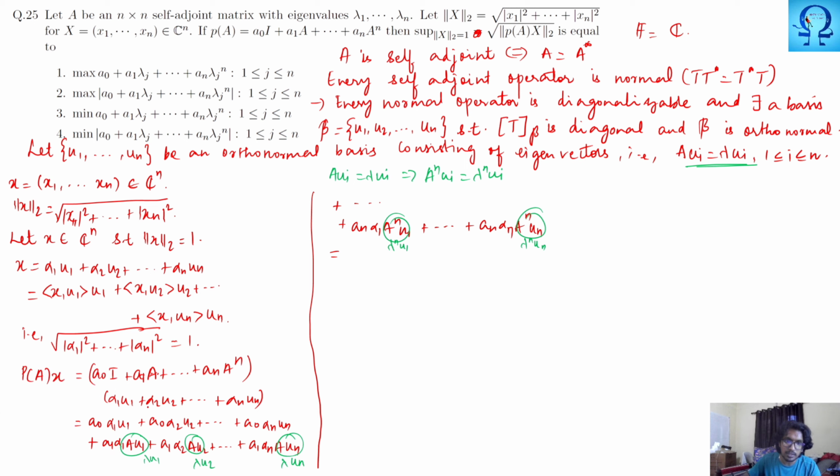So just look at the first entry, the first element in all the lines. If I take alpha 1 as a common quantity, then I will have a naught u1 plus a1 lambda u1, etc., till an lambda power n u1. Am I right?